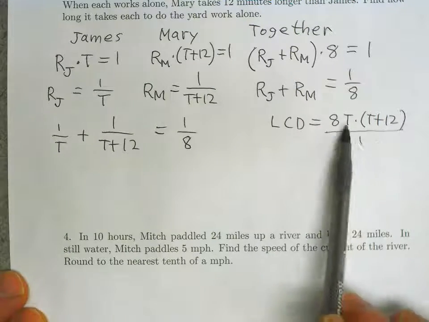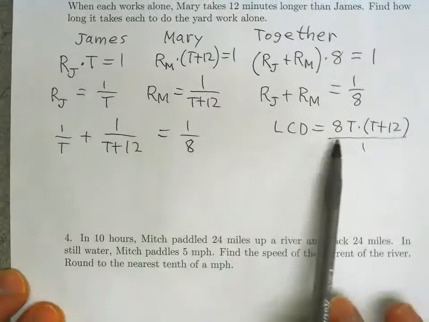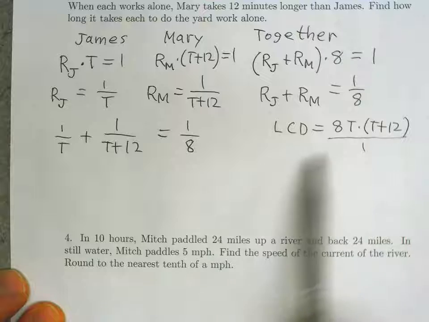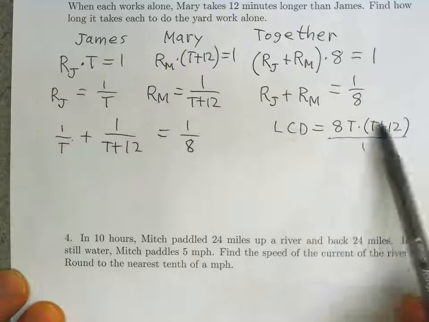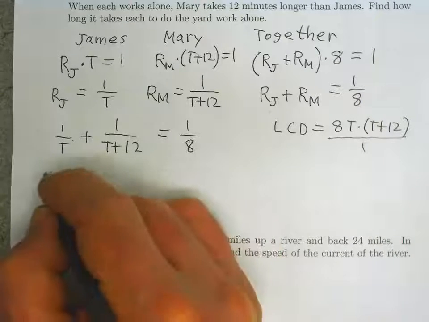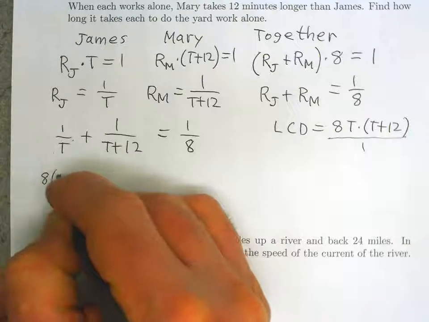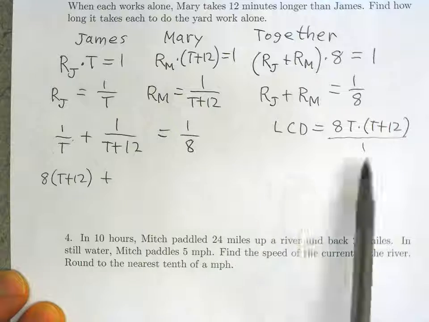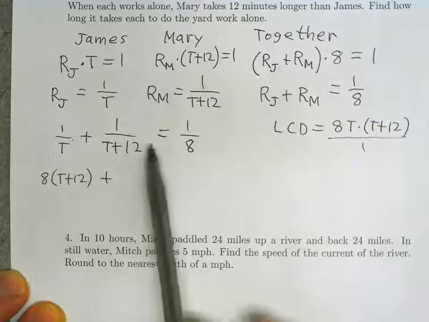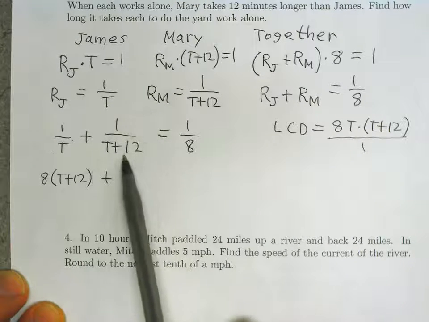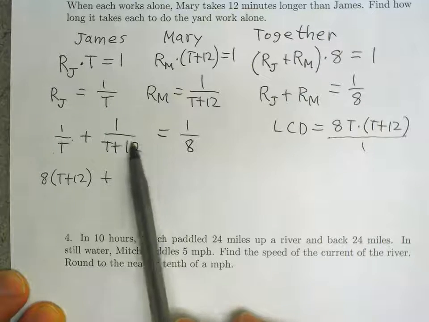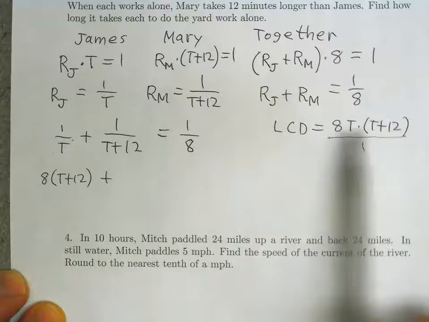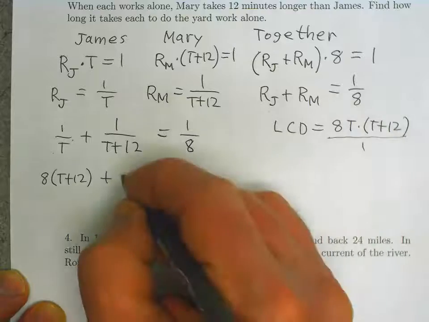Okay, so when we multiply 1 over T times 8T times T plus 12, the T factors cancel, so we're just left with 8 times T plus 12. And when we multiply the least common denominator by 1 over T plus 12, the T plus 12 binomial factors cancel, so we're just left with plus 8T.